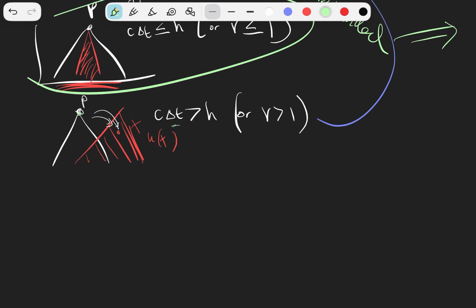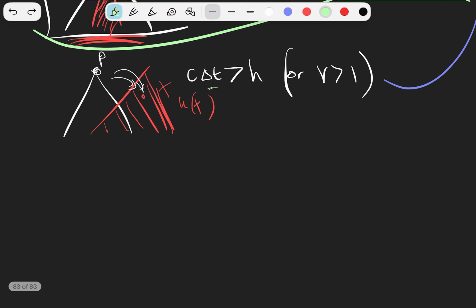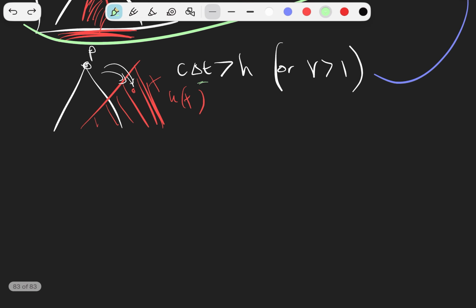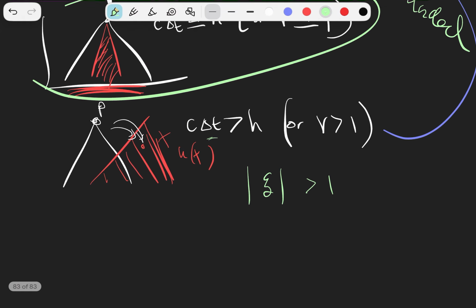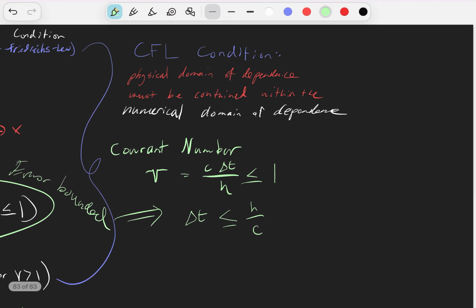And the physics at point P here depends on information that is outside of the machine's stencil, and the machine literally cannot know the exact answer because it isn't looking at the cause. And mathematically, this manifests as some amplification factor. We'll talk about the formal theory of the amplification factor, but this is exceeding 1, all right? And the solution doesn't just drift, it's going to explode exponentially.